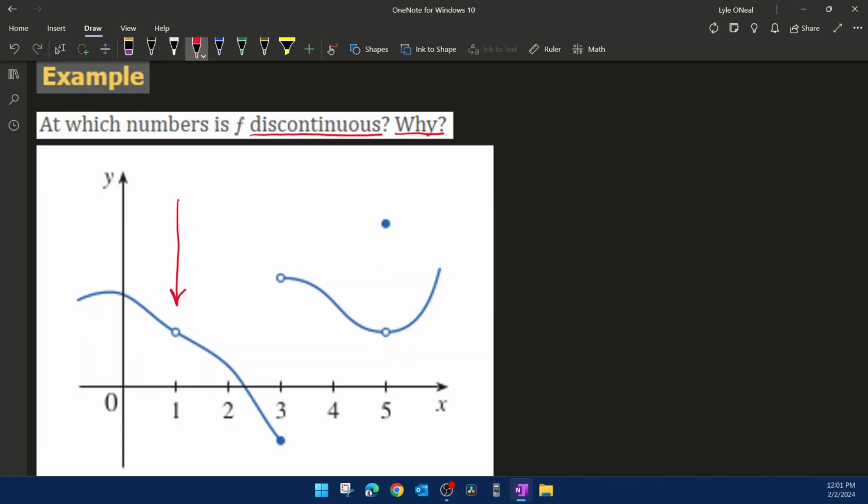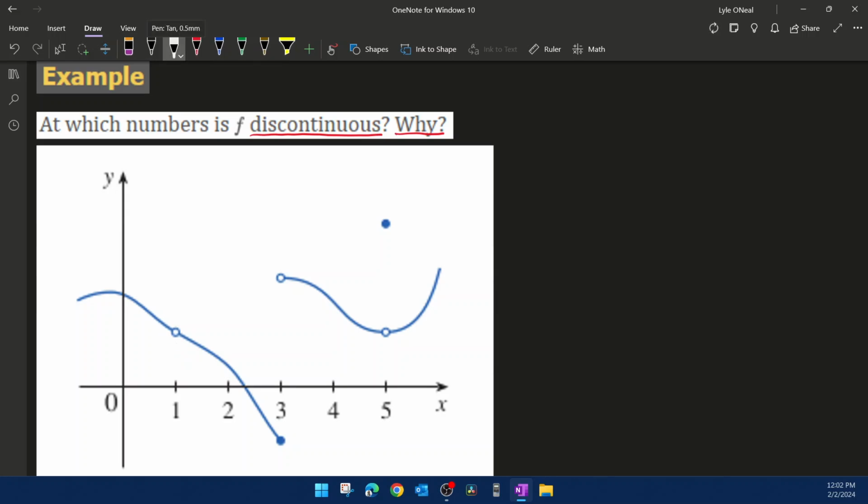Notice when x is 1, the limit does exist because we approach the same height from the left and the right, but there is no graph. In other words, there's an open circle, so the graph doesn't exist there, and there's no solid dot to indicate what that function value is.